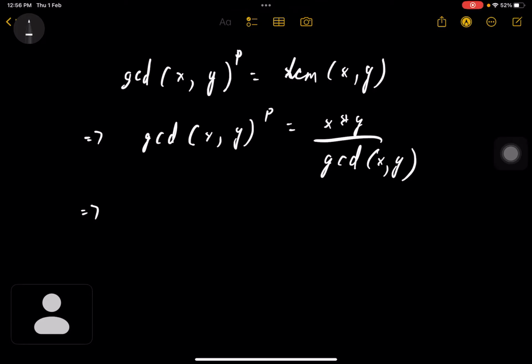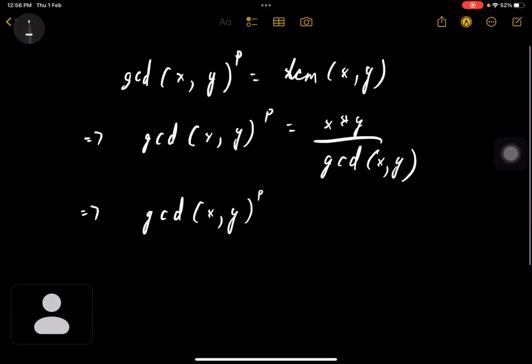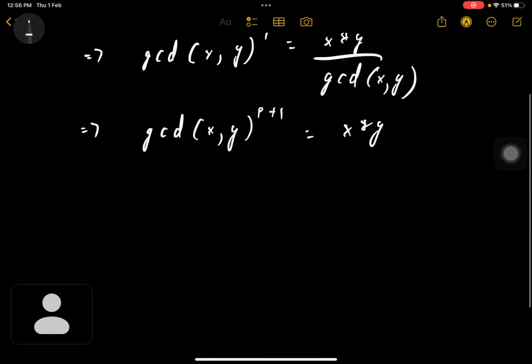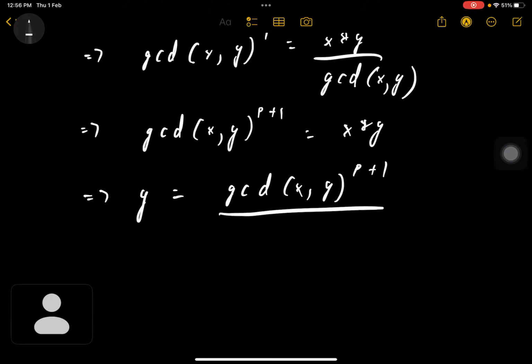Let us send the GCD to the left-hand side. Then it becomes GCD of (x, y) whole power p plus 1 equals x into y. So from this, we can observe that y equals GCD of (x, y) power p plus 1, divided by x.